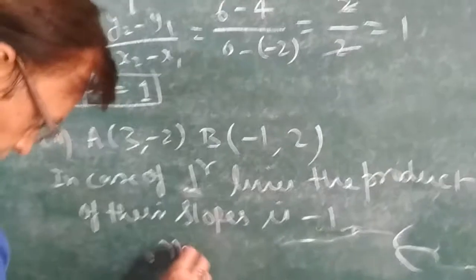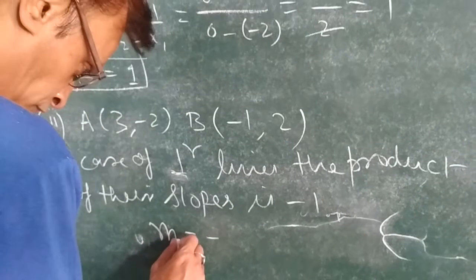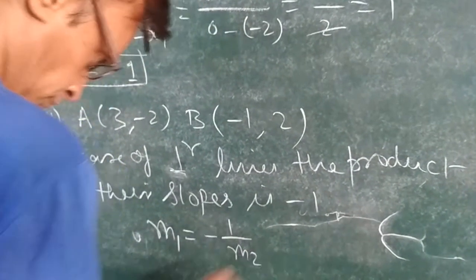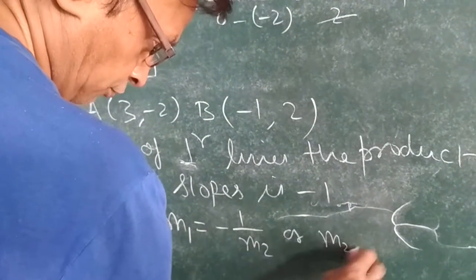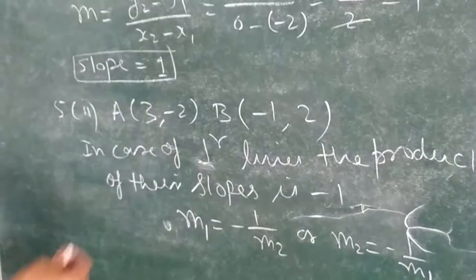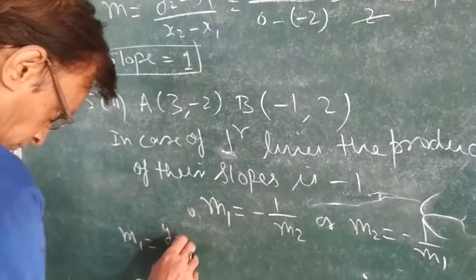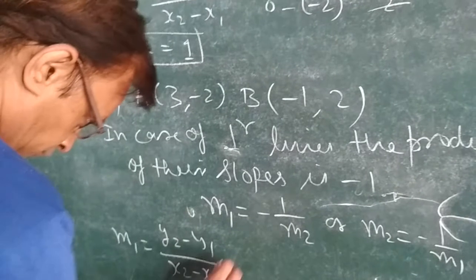So you can write m1 equal to 1 upon m2, or m2 equal to minus 1 upon m1. We find the m1 from here, m1 equal to y2 minus y1 upon x2 minus x1.